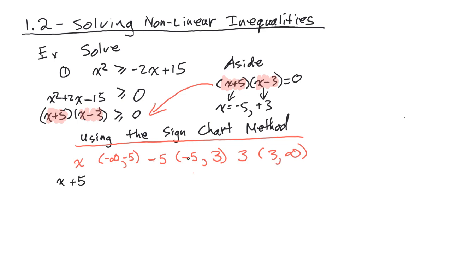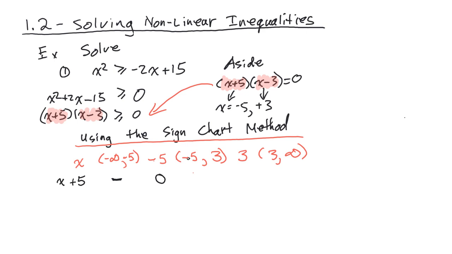So for all points less than negative 5, which represents this spot here, when I punch in a number, say negative 6, which is in that interval, this value is negative, because when I plug it into my equation, negative 6 plus 5 gives me a negative. Now, at x is negative 5, we end up with 0.